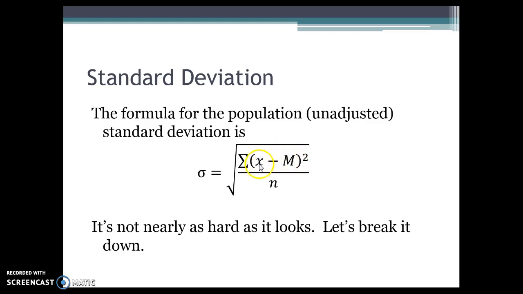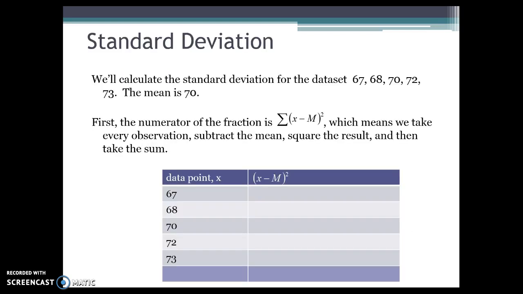So we're going to take every observation, subtract the mean, square the results, take the sum, divide by however many observations they have, and then take the square root. Let's do an example. We'll do a couple of examples.